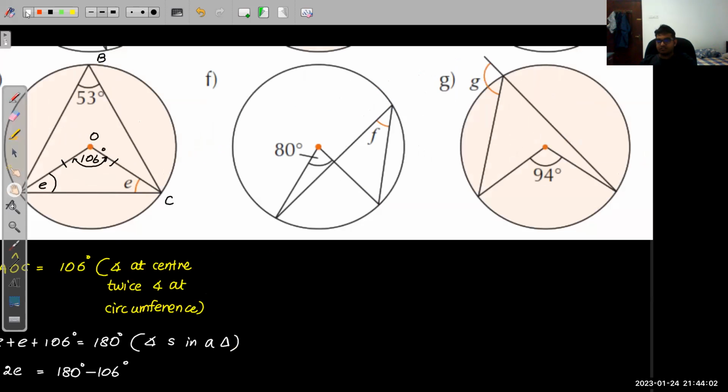Try this one. What is the value of F? Okay, so F. I'll name the figure for you. A, B, O, C. F. Okay.